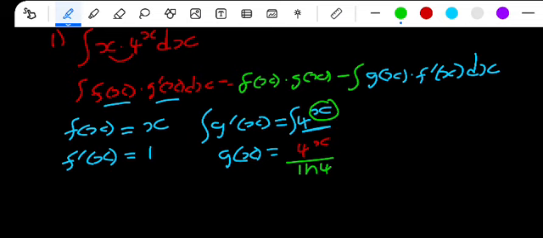Now we can substitute into our formula. We have f of x, we have f prime of x, we have everything. We can use the formula and pack everything.